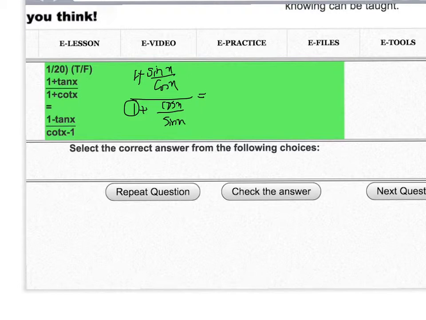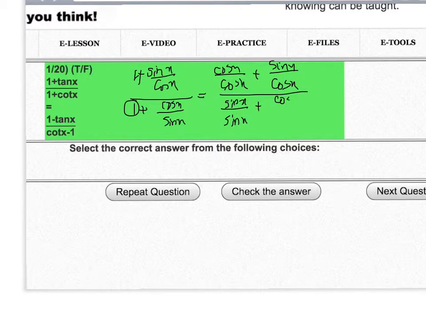So I can write this as cos x over cos x plus sine x over cos x, divided by 1 written as sine x over sine x plus cos x over sine x. Because I want to add these two fractions together, they have to have the common denominator.